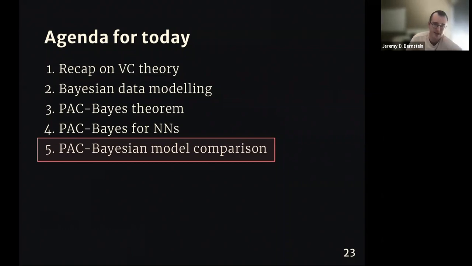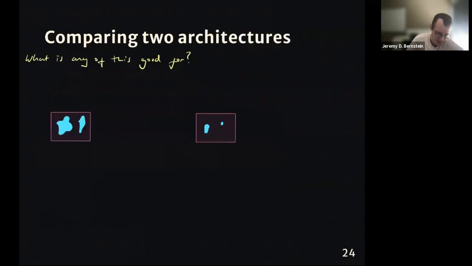So the idea is that you have two neural network architectures. Let's say one is a CNN and one is an MLP, and you have an image data set. And you compute the volume of solutions for the CNN and you find that it's larger than it is for the MLP.